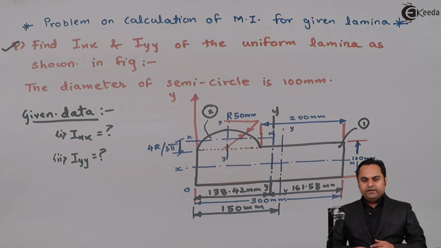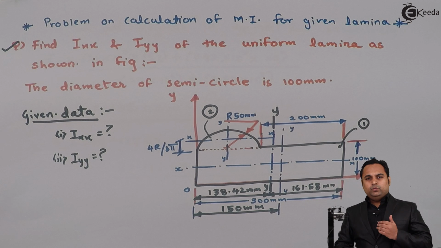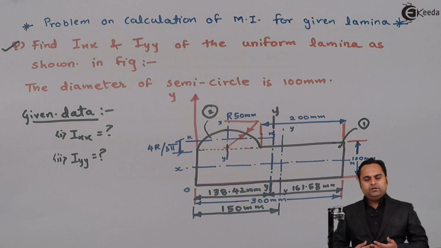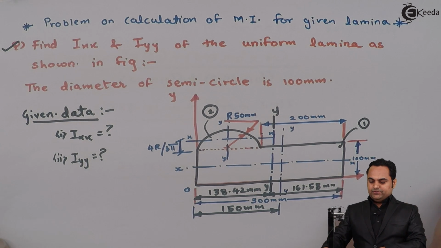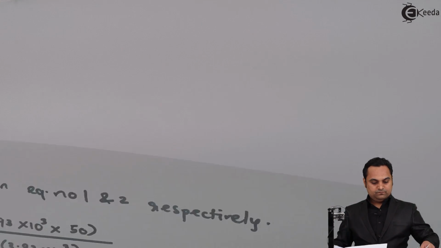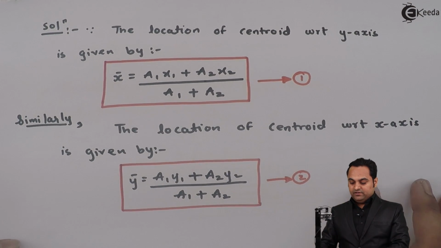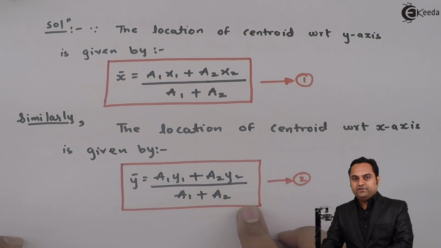y-axis is located, it is clear that centroid will be there on this y-axis, but at which height, that we have to calculate by using y bar. So I'll put the values in equation second here. So in equation second, we were having y bar as a1 y1 plus a2 y2 upon a1 plus a2.